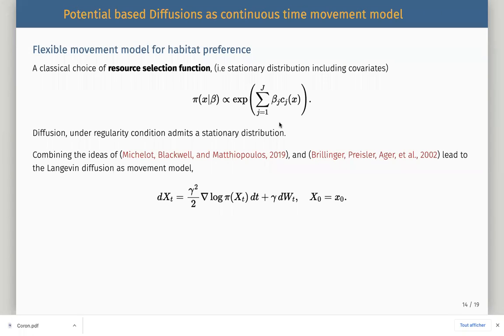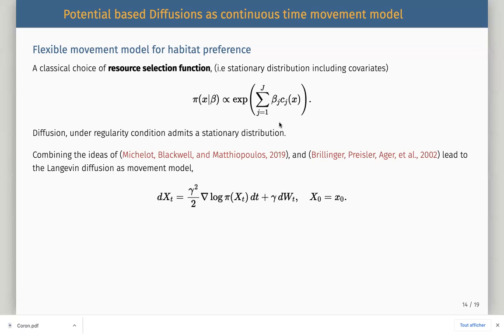And so we propose to use the Langevin model, which links the stationary distribution to the movement model. By saying that the position of the animal at time t follows the gradient of the log of this stationary distribution, you can link the stationary distribution of the individuals and its movements.